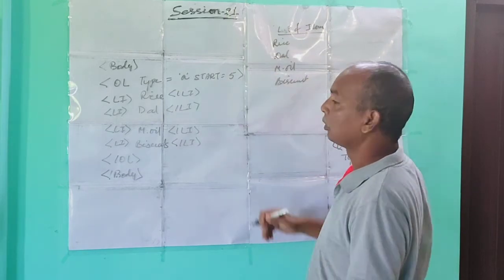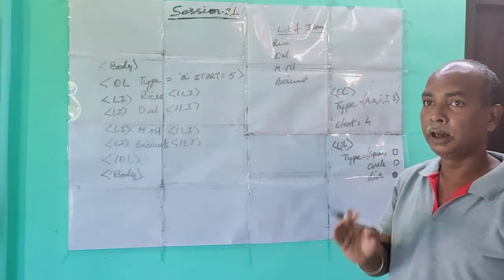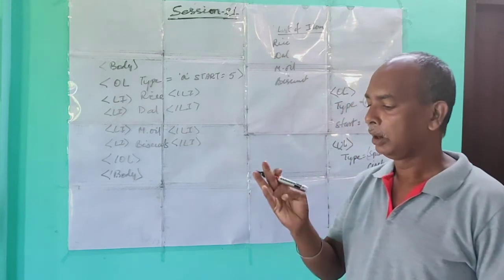It starts from 5. What is the fifth letter of the English alphabet?